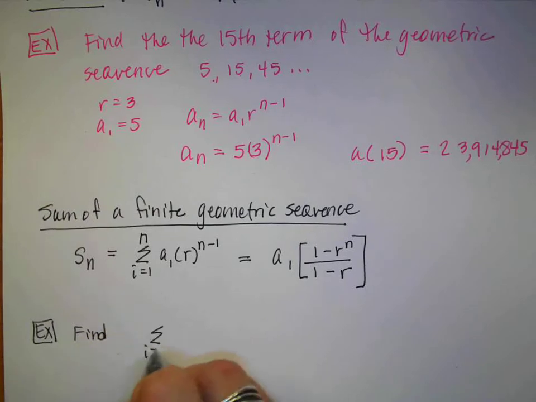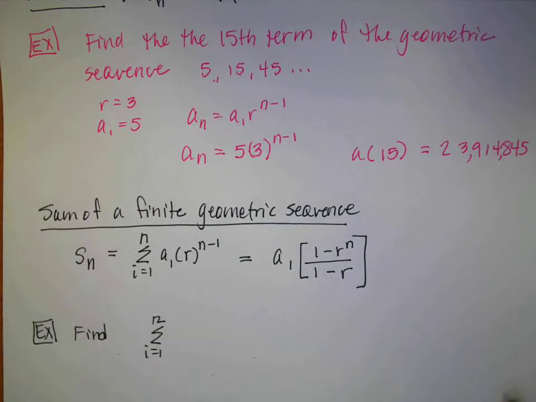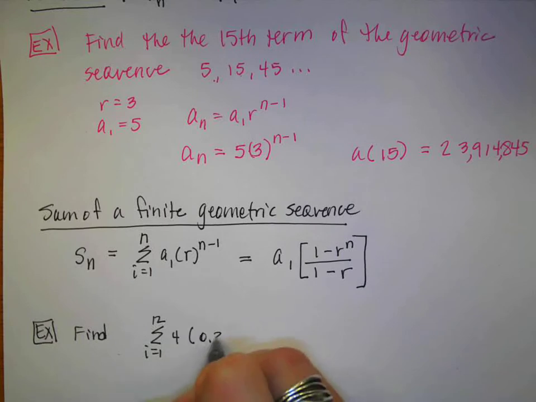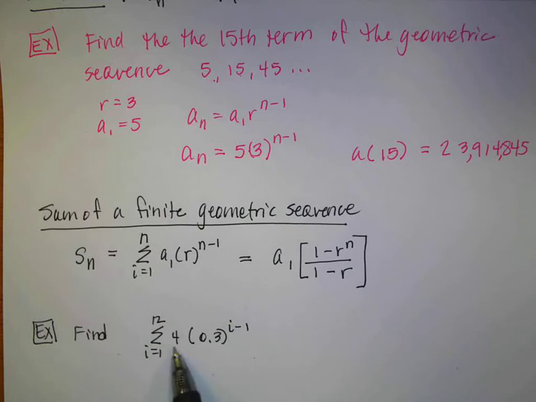So let's say, for an example, I want to find, that's a D, the sum from i equals 1 to 12. So remember, I'm going to be summing 12 terms of 4 times the 0.3 to the i minus 1. The way this particular problem is written, this is the first term.